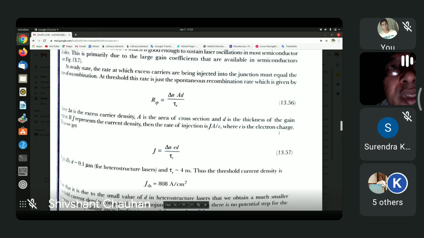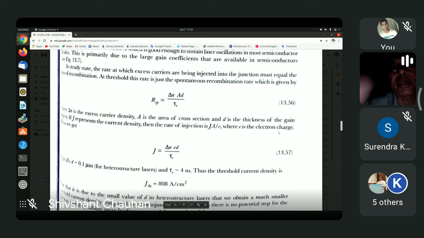So for stimulated emissions to dominate over spontaneous emissions, whose rate is given by RSP, you must pass more current per unit area than given here as J threshold. So that is the requirement.